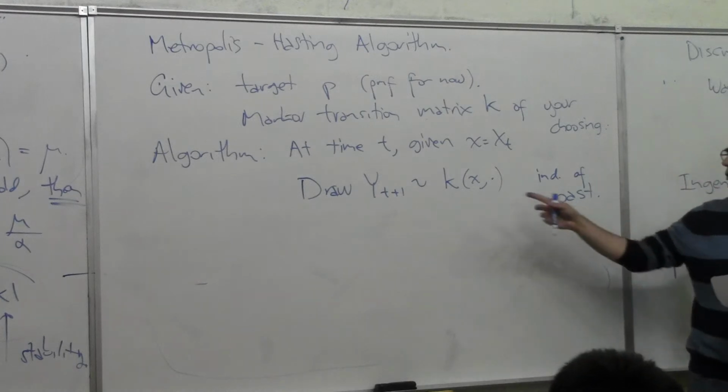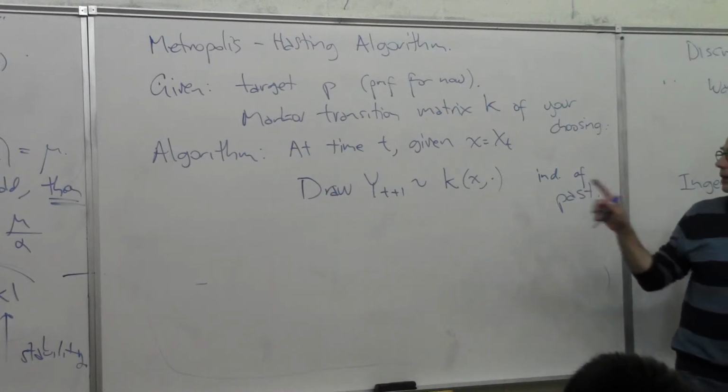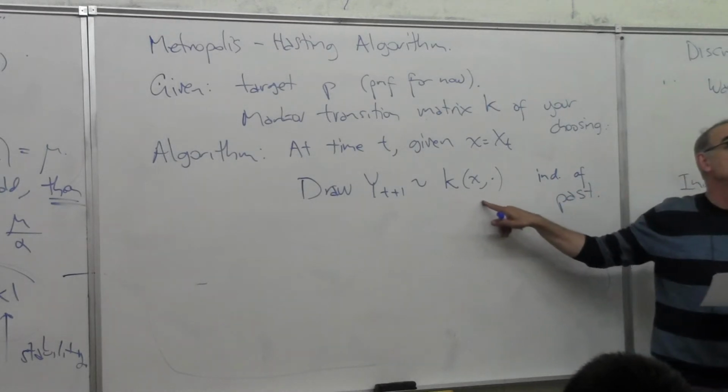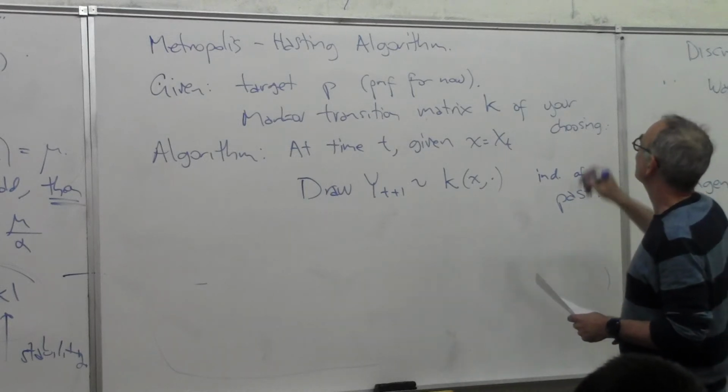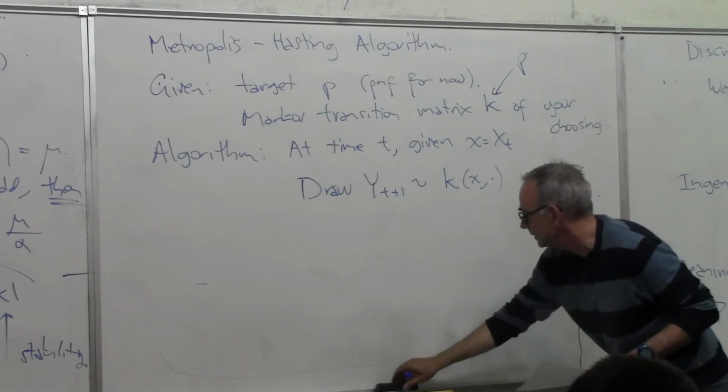So right away you know that you're going to choose K so it's easy to draw samples from this distribution, just like in importance sampling. You're going to design this proposal distribution. Well, that's a proposal distribution.